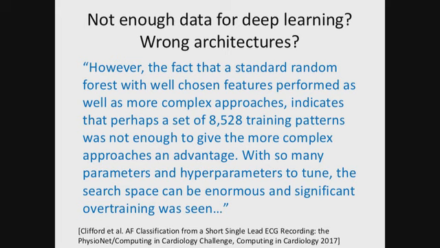And in the summary paper, they conjectured that they had expected convolutional neural networks to win. And they were surprised that none of the winning solutions involved convolutional neural networks. They conjectured that maybe the reason is that these 8,000 patients in the data set just weren't enough to give the more complex models an advantage.